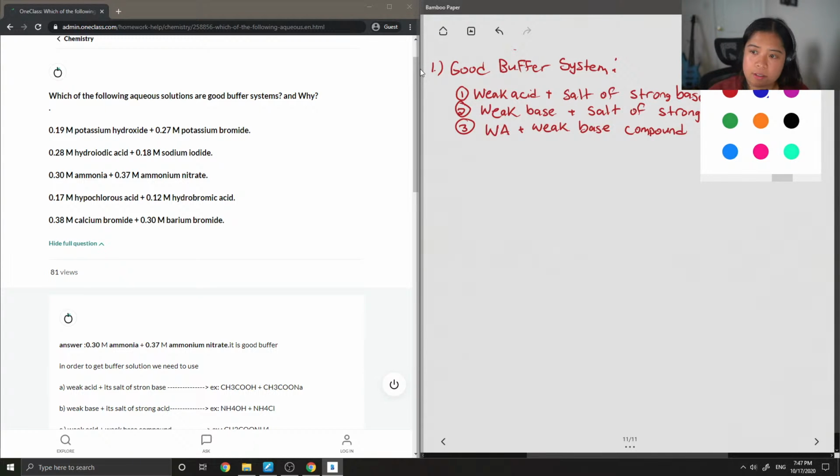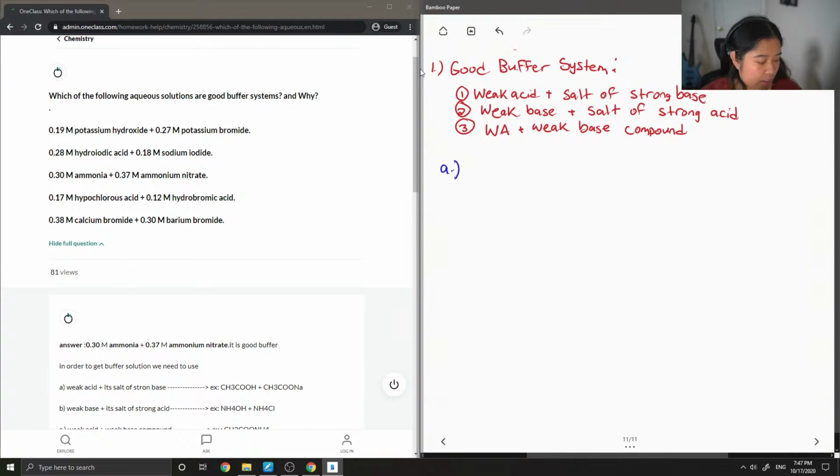Okay, so now I'll go over all the different options that they give us. So first we have potassium hydroxide, which is KOH, plus potassium bromide, which is KBr.